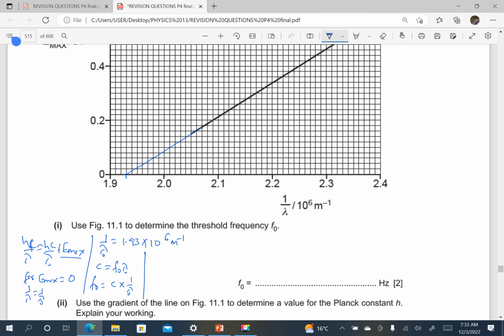So I will just find f naught from 3 times 10 power 8 times 1 over lambda naught, which is 1.93 times 10 power 6. So this gives me 5.8 times 10 power 14.